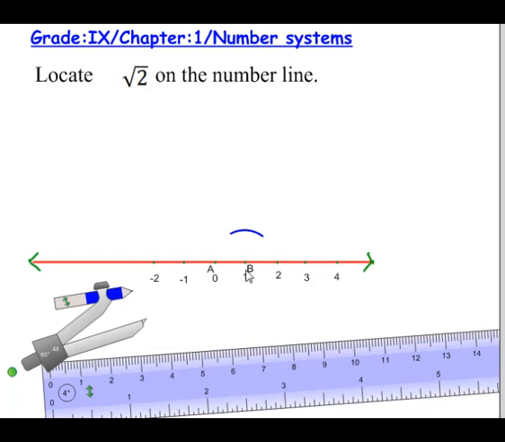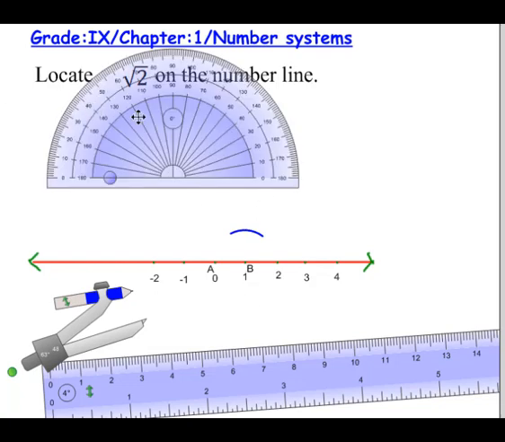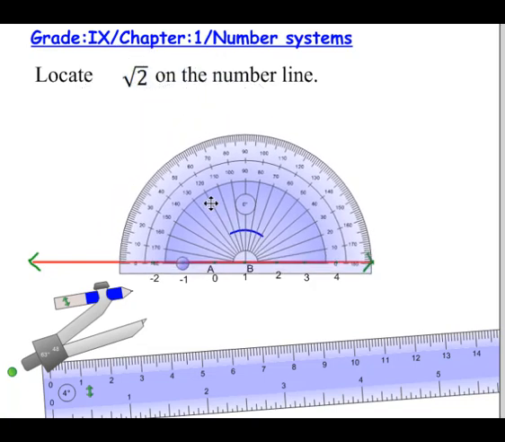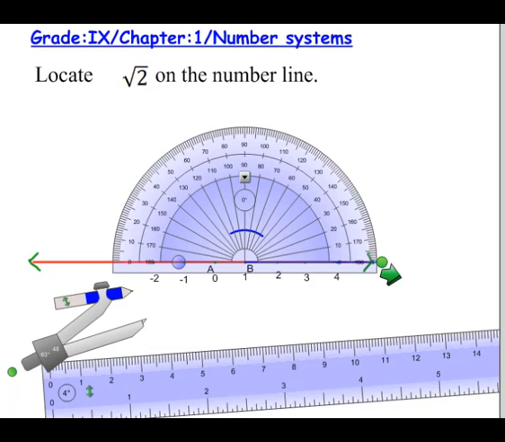Now, using the protractor, I will draw a perpendicular from the point B. I am making one point here so that I can easily draw a perpendicular.